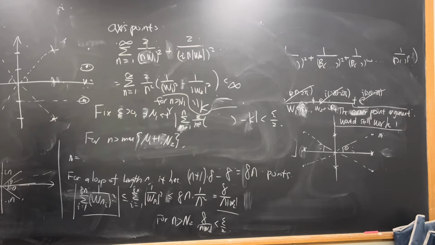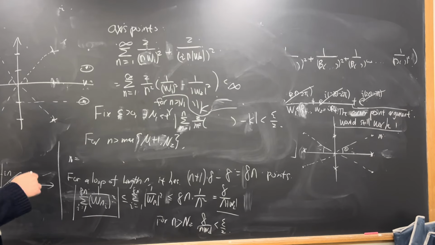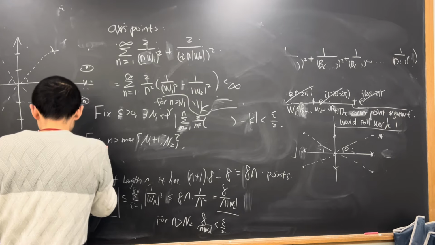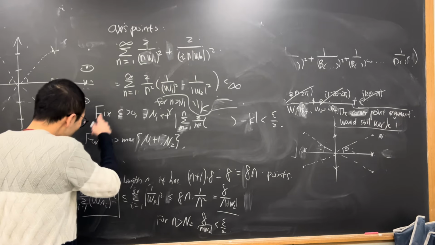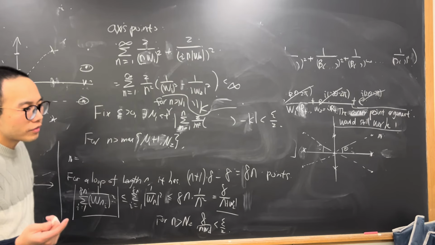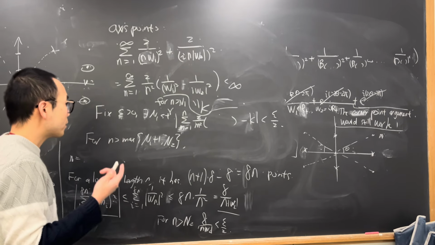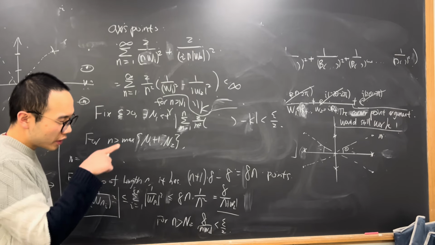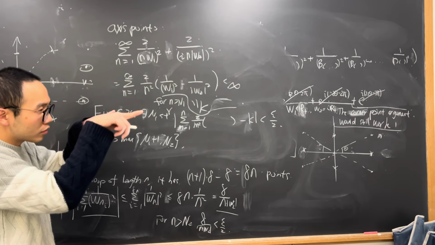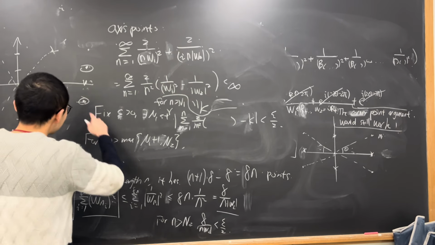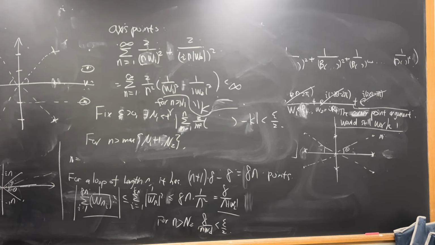Originally our sum is not indexed by loops. So this is just loop index, right? We are just talking about loop 1, loop 2, loop 3. It's convenient to talk about the sum in terms of loops, but what we're really doing is summing over the small little points that are on the loops.